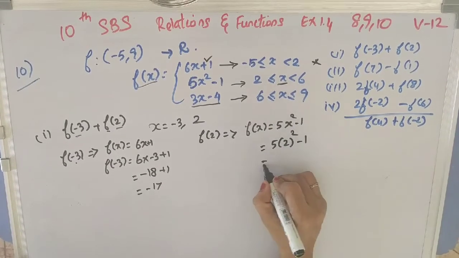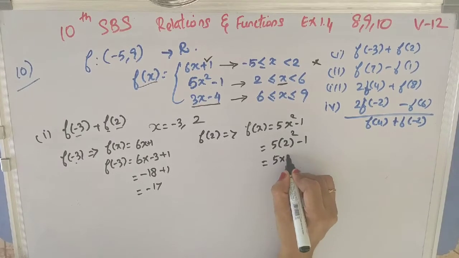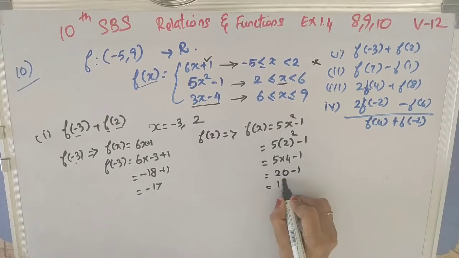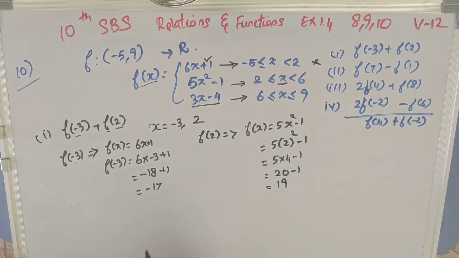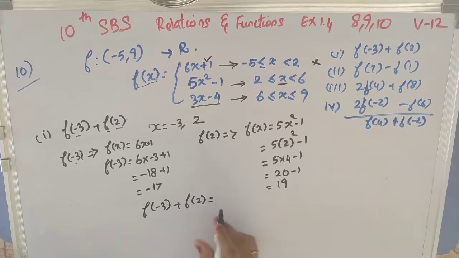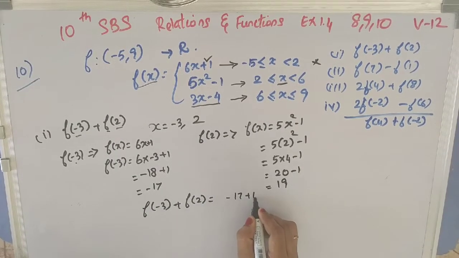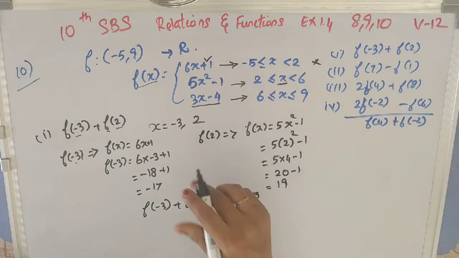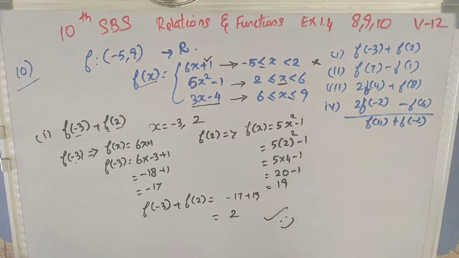So f of 2 is equal to 5 into 2 squared minus 1. So 5 into 4 minus 1, that is 20 minus 1, which is equal to 19. Clear? Now we have to find f of minus 3 plus f of 2, isn't it? So f of minus 3 is minus 17 plus f of 2 is 19, which is equal to 2. Clear? Do you understand? Okay.